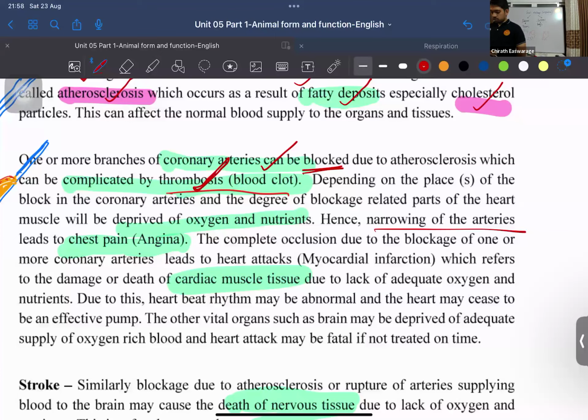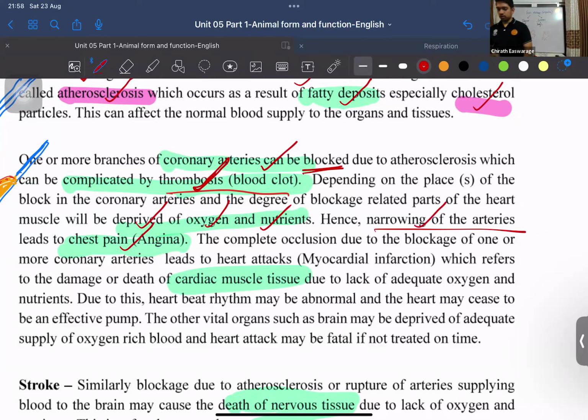Depending on the place and the degree of the block, the related part of the heart muscle will be deprived of what? Oxygen and nutrients, 3 marks. So this causes a special type of pain due to the lack of oxygen that we call ischemic pain, that we feel as a chest pain called angina, 1 mark.